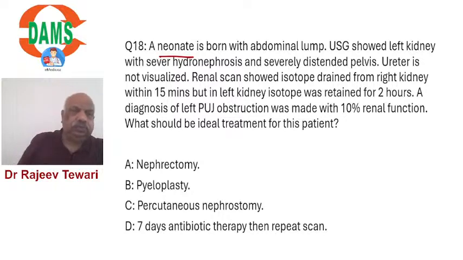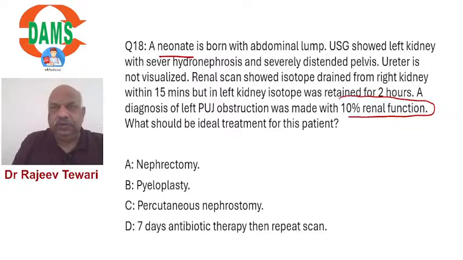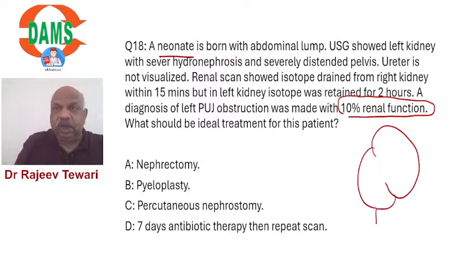Okay. So, here we could have gone for pyeloplasty, but there is one issue. The issue is poor renal function. So, if I do pyeloplasty and function does not recover, then in future I will be doing a nephrectomy. So, which is why first, like this is the kidney, this is the pelvis and obstruction here.